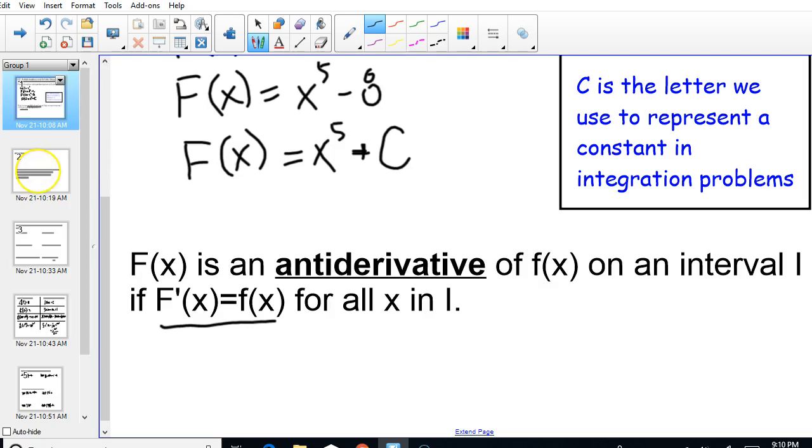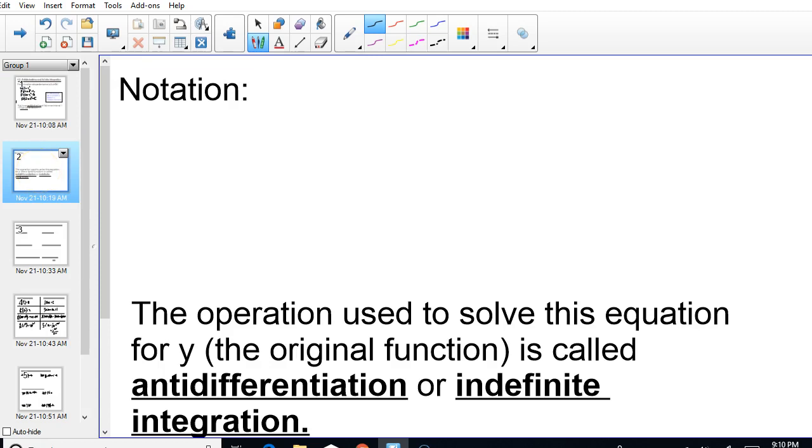Let's continue with a little bit more notation. You'll recall that when we were doing derivatives, a lot of times our derivative would say dy dx equals some function. We'll call it f of x here.